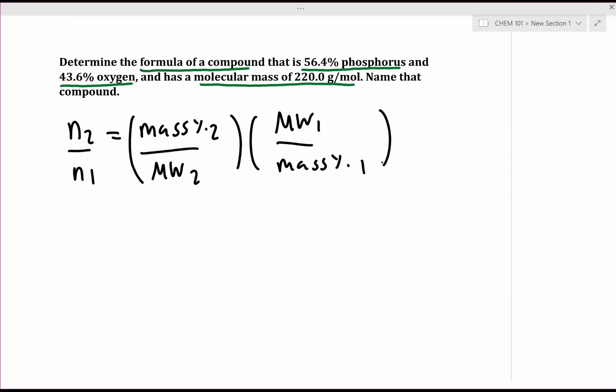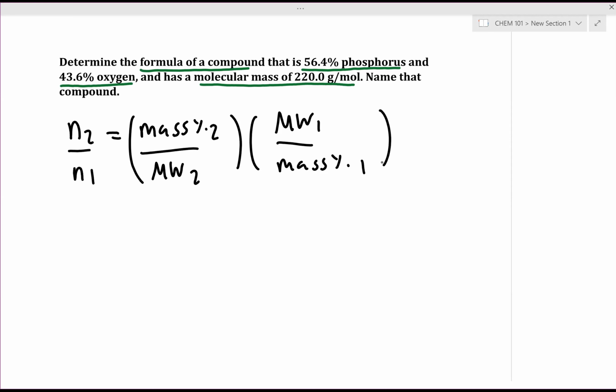Yeah, because the way you get moles is by dividing by the molar mass. Looks good. Any questions so far? Oh, you got it.